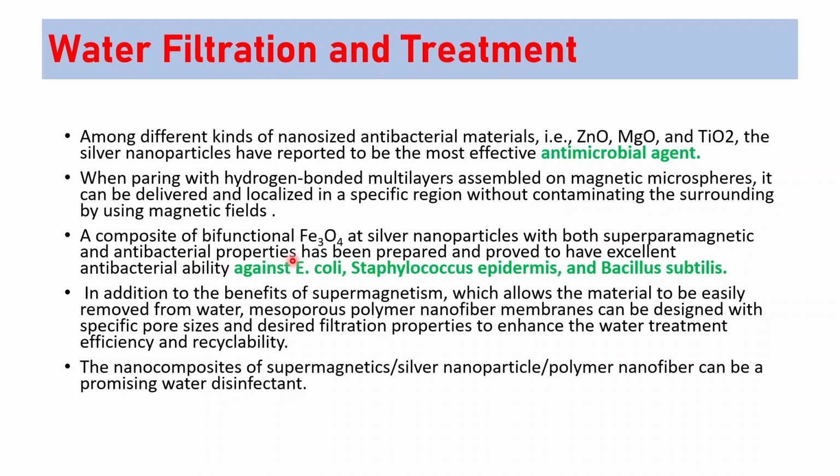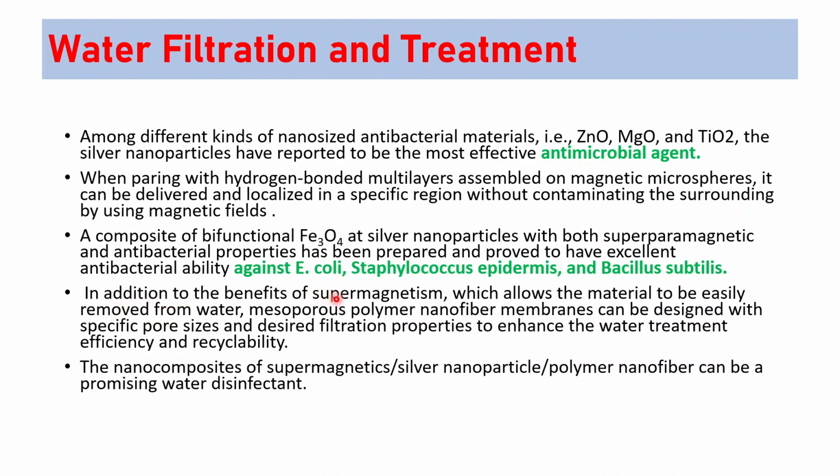We know that silver nanoparticles have this antibacterial property and Fe3O4 has the superparamagnetic property. And when we form a composite using both these materials, it has shown tremendous properties against bacteria such as E. coli, Staphylococcus epidermidis, and Bacillus subtilis.